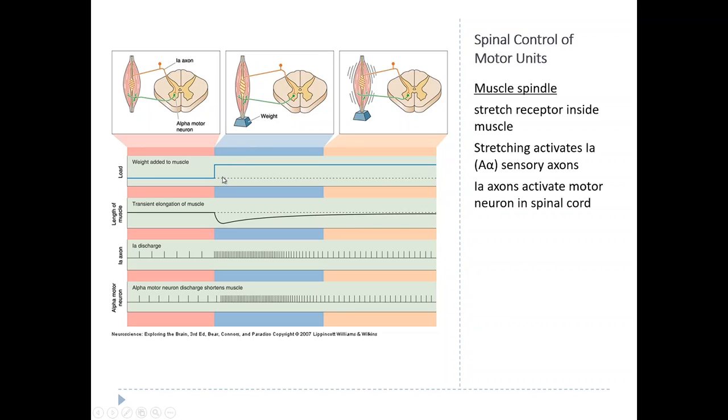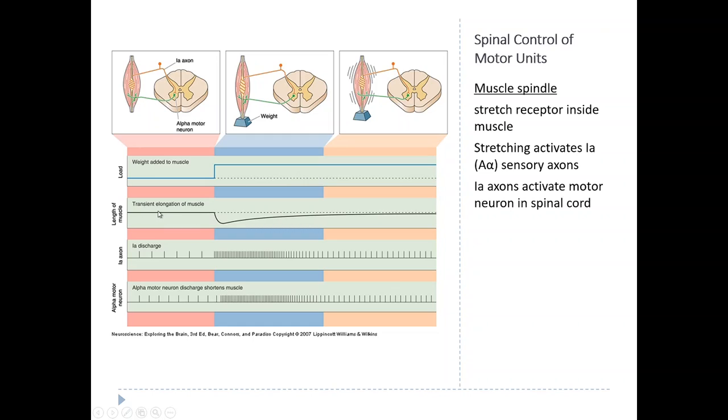So if we're looking at the weight attached to a muscle, here they've made it look like they've attached a weight to a muscle, but again, you can produce this just by having a weight attached at the end of a joint, and that causes the muscle to be stretched.